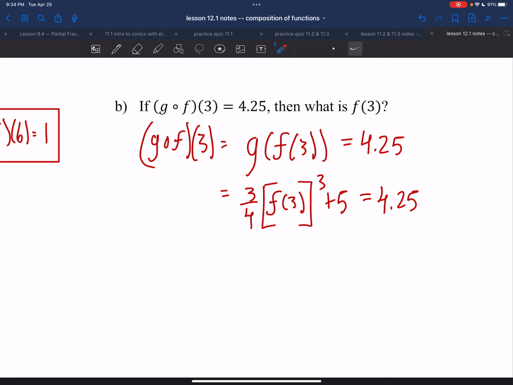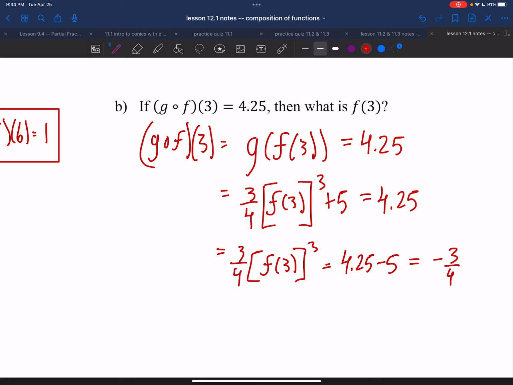It's the unknown, right? So I'll subtract 5 from both sides. I'll get 3/4 f of 3 cubed equals 4.25 minus 5. But that just equals -3/4, because that's -0.75, right?